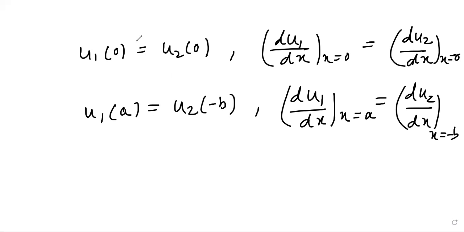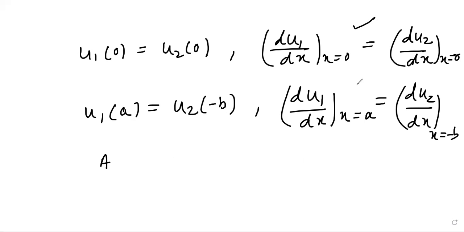Substituting, we have already obtained u1 in terms of a, b, and u2 in terms of c, d. So just substitute x equals 0, and for the second side, x equals a for u1 and x equals minus b for u2.